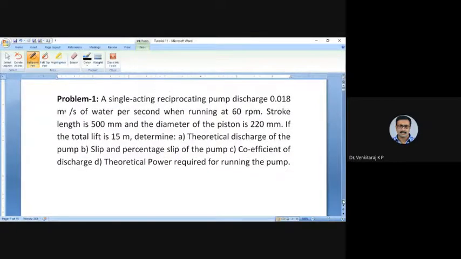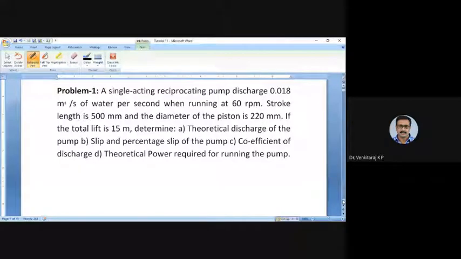So let us now write the given data. The following data are specified in the problem.